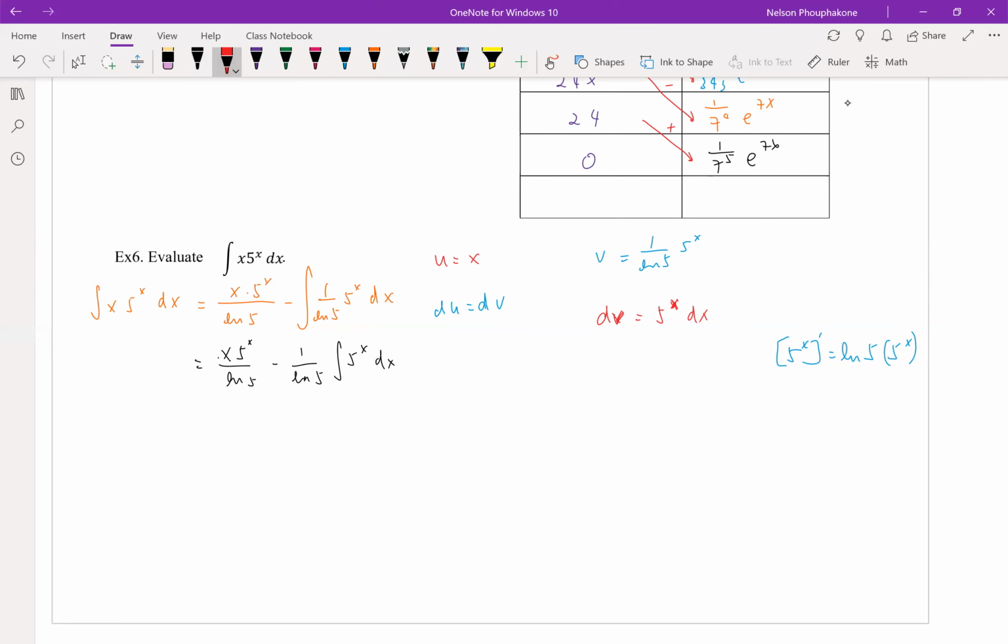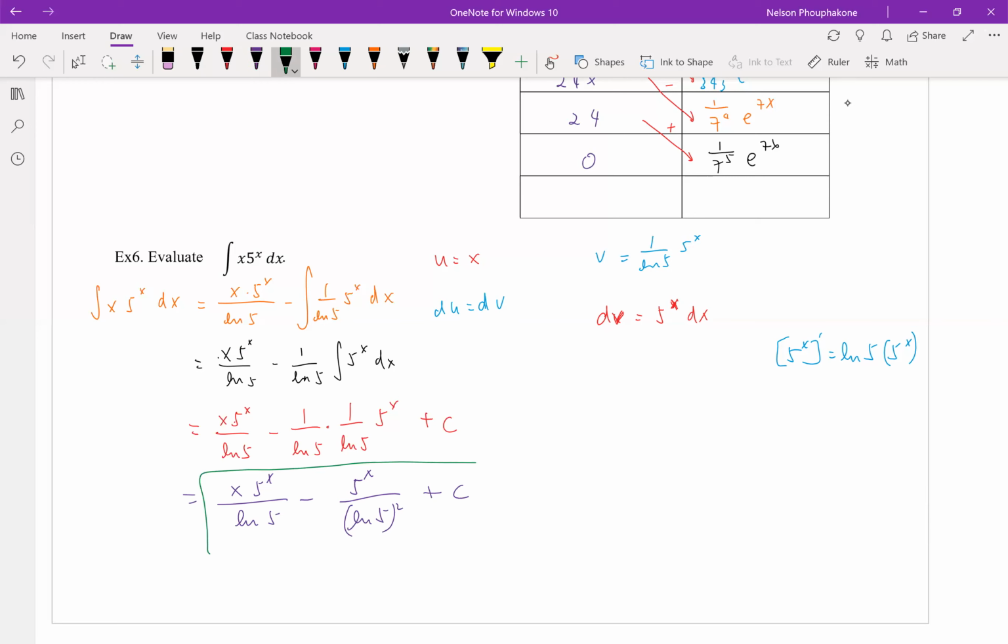And of course, my answer will be x 5 to the x over natural log 5 minus 1 over natural log 5 times 1 over natural log 5, 5 to the x plus c. Okay. Then, yeah. Okay. And this is my answer. Okay.